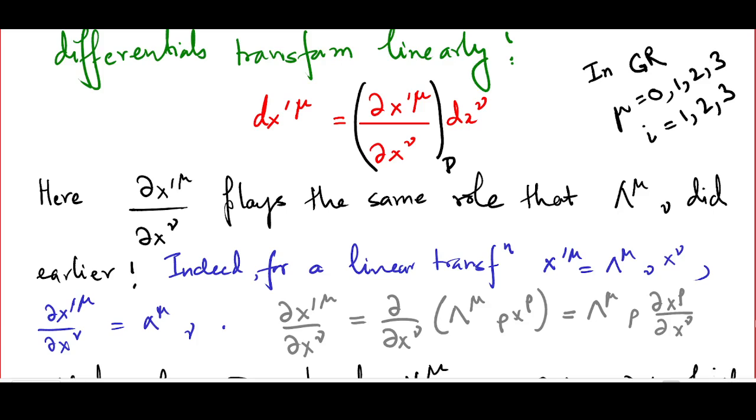X primes, of course, depend on the x's, but the individual x's don't depend on each other. So del x rho del x nu would vanish unless rho is equal to nu, in which case, of course, this derivative would simply be 1. So this is nothing but delta rho nu, and using the magic of contraction or summation with the delta symbol that we have talked about before, what we get is this is nothing but lambda mu nu, as promised.